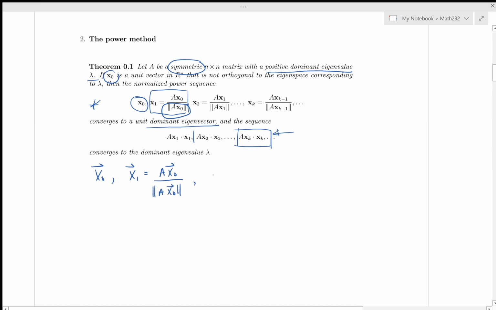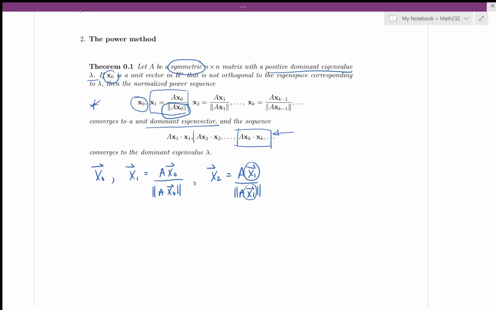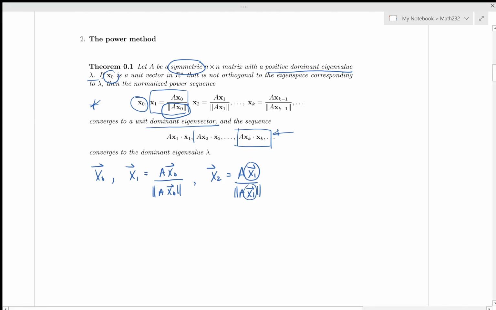Then we compute x2, and x2 is A x1 divided by the norm of A x1. Now I already know what x1 is, so I'm going to replace x1 with what I already know it is, and substitute it in there and in here.